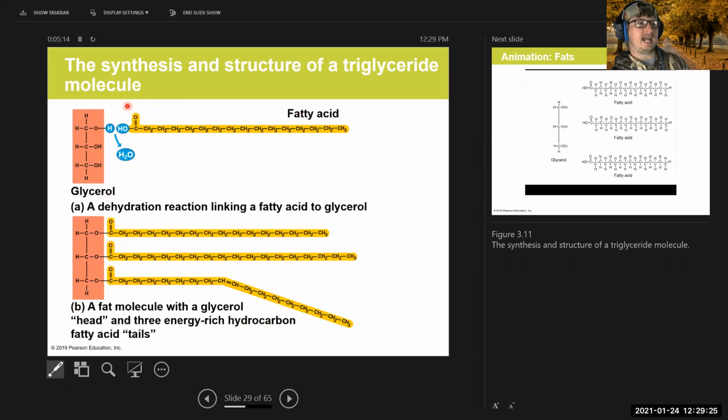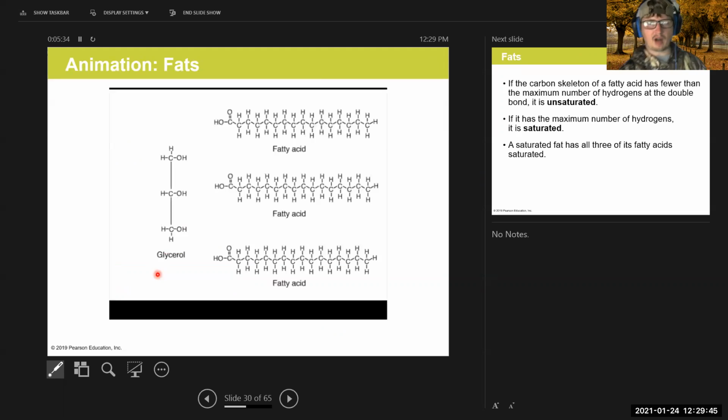So you have 1 fatty acid molecule here, and you can see it being joined to that glycerol via dehydration reaction. That happens 2 more times to join 2 more fatty acid tails, and you end up with a glycerol molecule with 3 fatty acid molecules attached to it. And we can look at that process happening in this animation here.